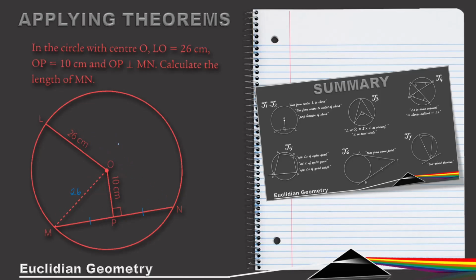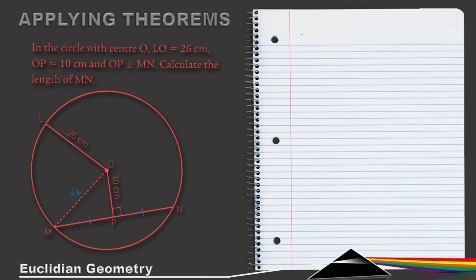We can now start and say, okay, we said that OM is equal to 26, and the reason is radii, because the two radii. Then we can solve for MP. Now with Pythagoras, remember that this is the hypotenuse.